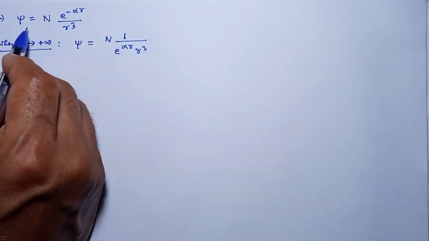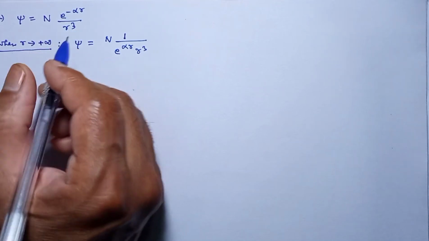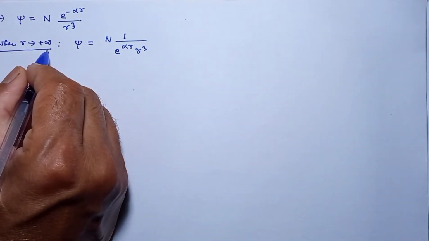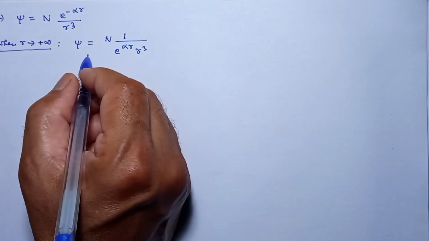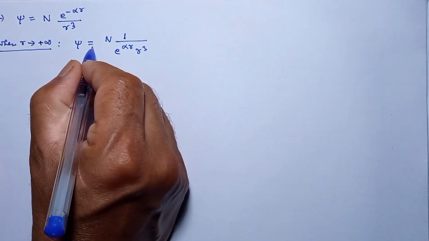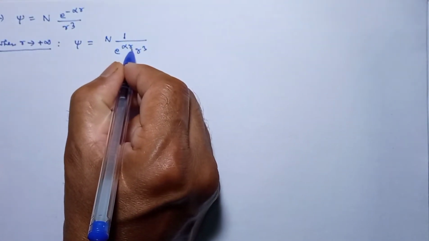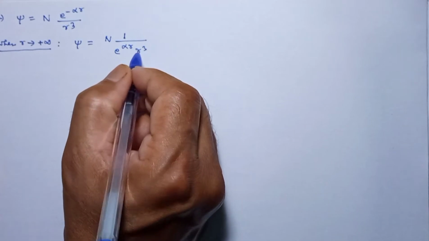So option A is psi equals N e raised to minus alpha r divided by r cube. When r tends to infinity, let us check it. For that we write psi equals N upon e raised to alpha r and r cube.